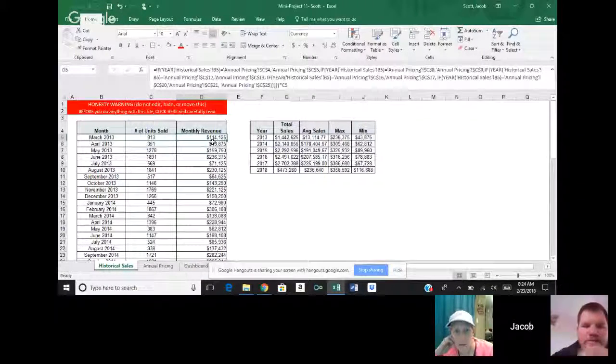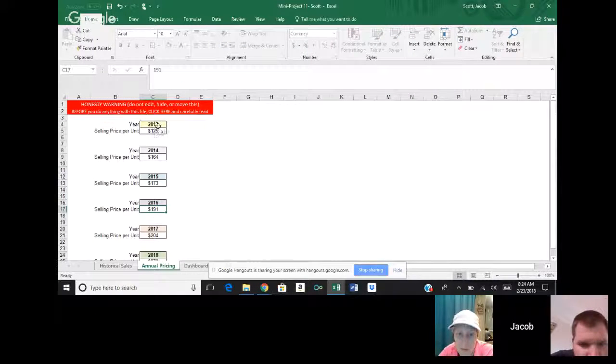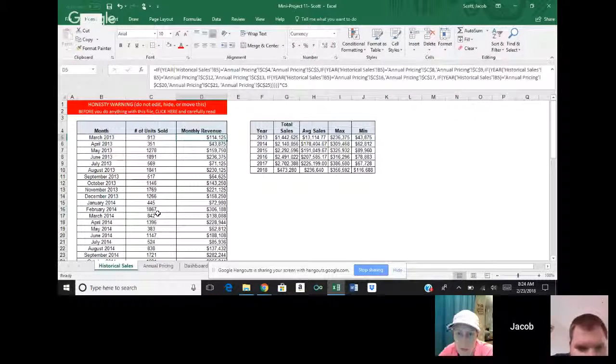Did you guys use like the date function or something? Yeah. Less than or on the 31st, or greater than the next year on January 1st. No. What they did in the discussion board, somebody said you do if, and then the year, and then you select this over here, equals C4 equals this year, and then input the units sold.